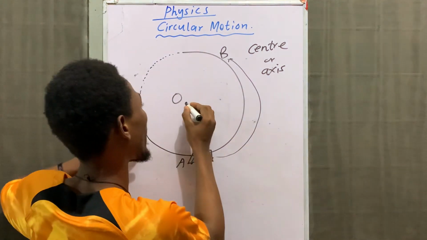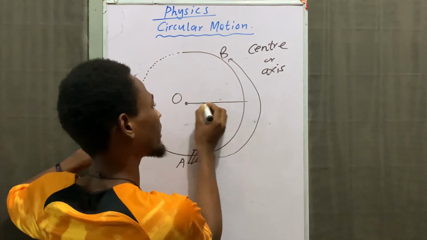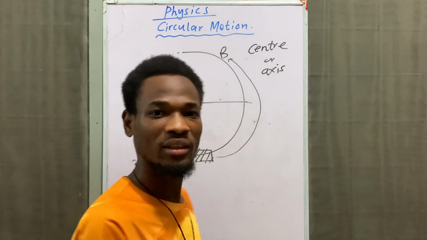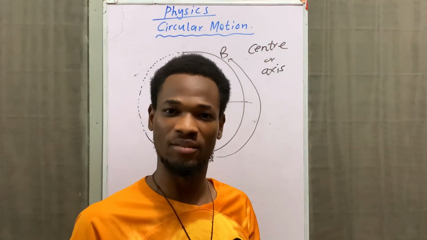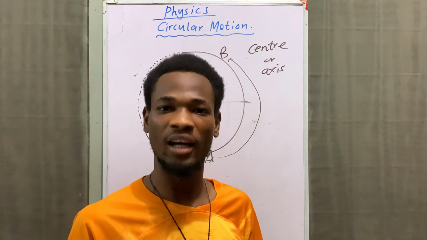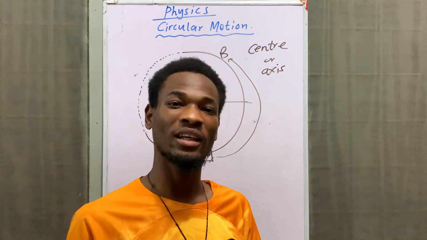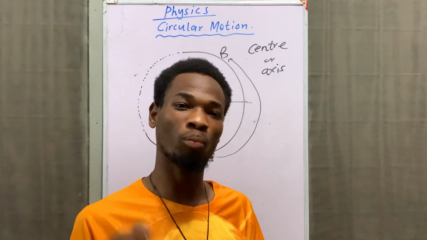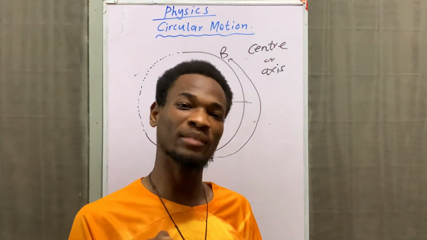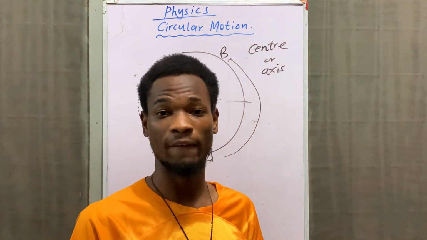So if I draw a line to pass through the center, I'll call this an axis. But in circular motion, they are used interchangeably. So axis is the same as center, but if you have a center and you draw a line to pass through the center and it is perpendicular to the plane of the circle, that is the axis.